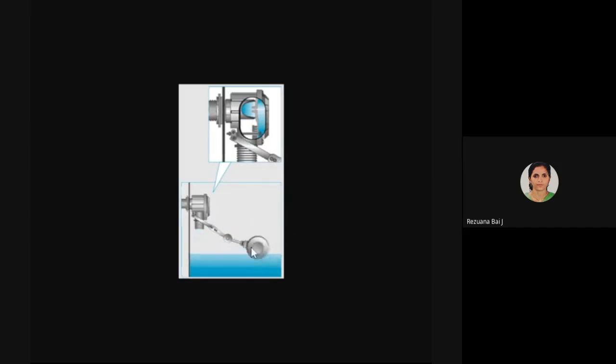This is the float, as I have shown in blue color. The float will be floating in the water, it is not immersed. That is the theory behind it. And this lever and pinion arrangement, the pinion will close the inlet valve that you can see here. The inside of this is shown here.